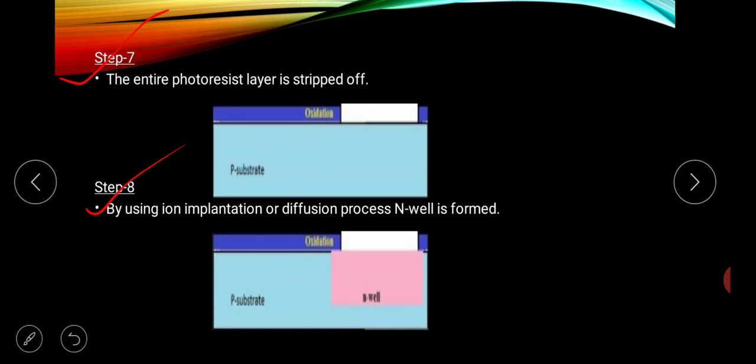As this region is open and the substrate is exposed, in that region the impurities penetrate into the substrate. Here we are forming an N well, so we add N-type impurities. When we add impurities, they penetrate in this region and form an N well.